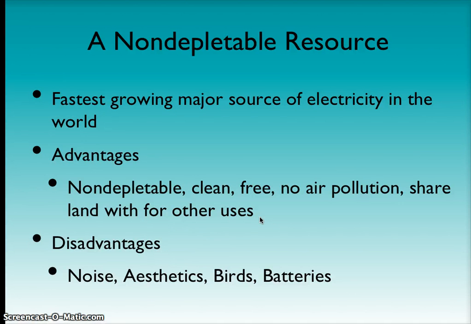And briefly talking about wind energy being a non-depletable energy resource, as we said, it is the fastest growing major source of electricity in the world. It's non-depletable. As long as the sun's there, we're always going to have the uneven heating of the earth. There's no air pollution, no water pollution. It's clean, and the land, instead of taking a whole bunch of space like in solar, the CST heating that we talked about earlier, can be used for other things.